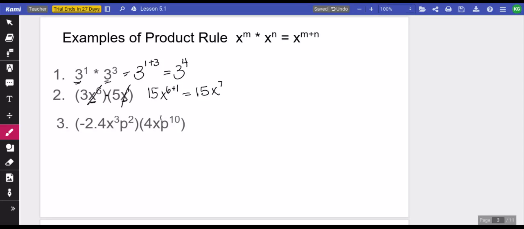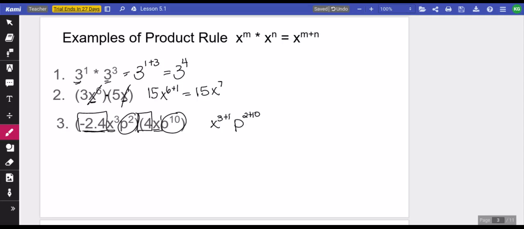The same thing on this one, I'm going to give x a 1 because it stands alone. So I know I'm going to have x to the 3 plus 1 power. Then I have these p's. So I'm going to have p to the 2 plus 10 power. And then all that's left are these coefficients here, which I'm going to go ahead and multiply, which is negative 9.6, possibly.